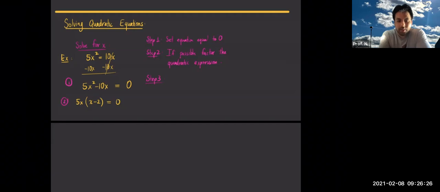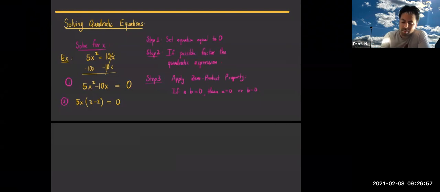Right. So that property, people call it, apply the zero product property, which just states the following. If A times B equals 0, then either A equals 0 or B equals 0, or both A and B equal 0. So that's the whole idea.